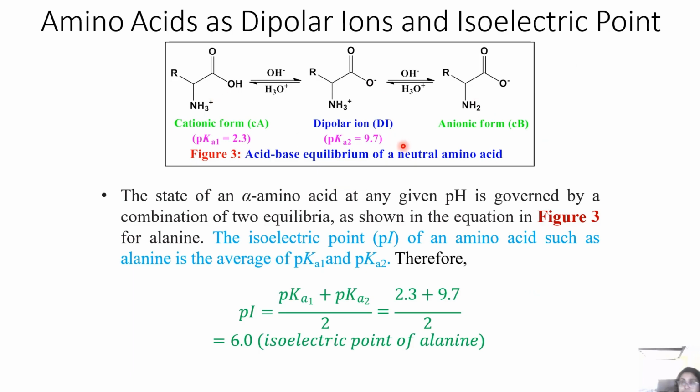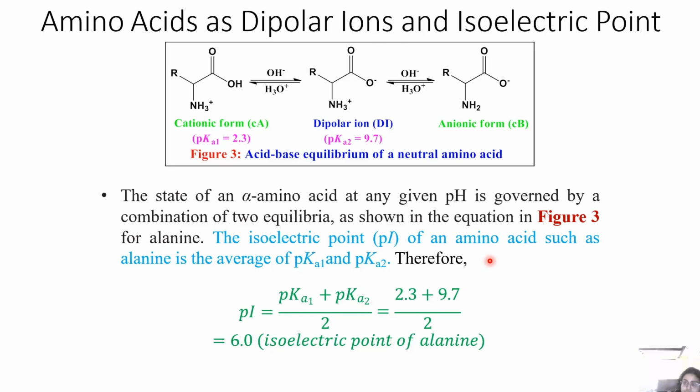So this is the acid-base equilibrium of a neutral amino acid. The state of an alpha amino acid at any given pH is governed by a combination of two equilibria as shown in this equation.